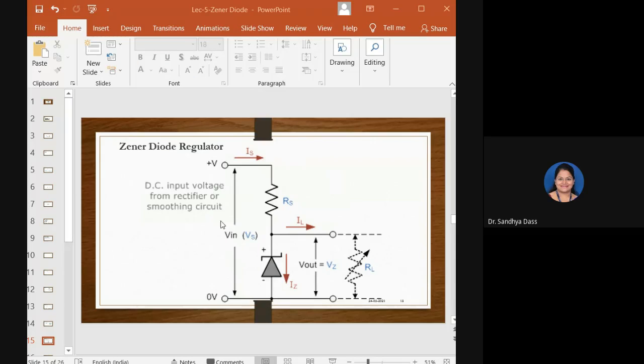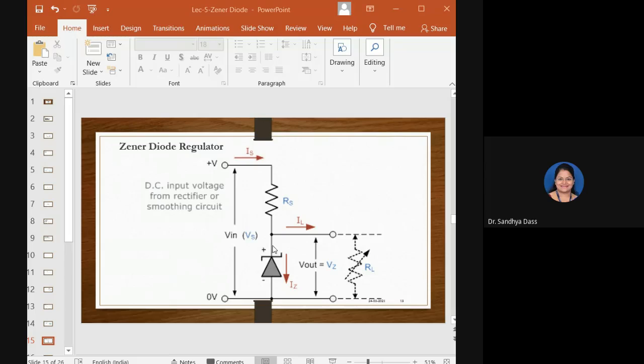So this is a typical circuit where the Zener diode is used as a voltage regulator. Based on the specifications, the current ratings and so on, the resistance value to be connected in series with the Zener diode should be decided so that the maximum power rating is taken care of.